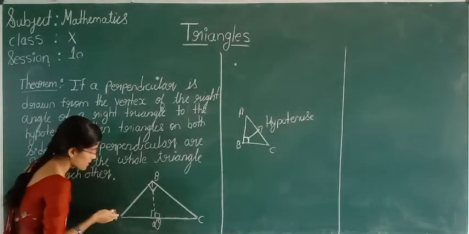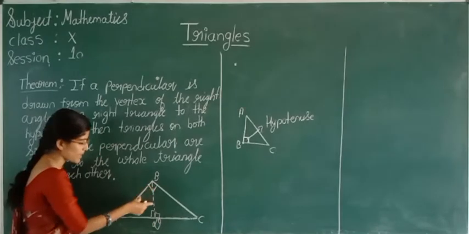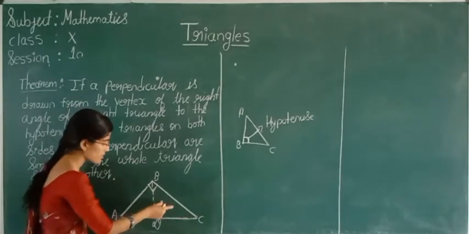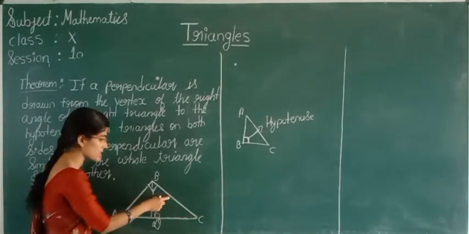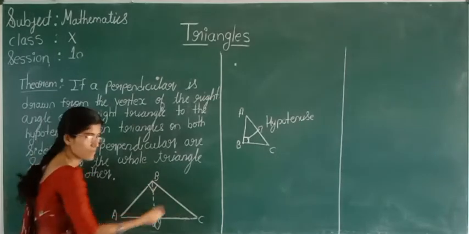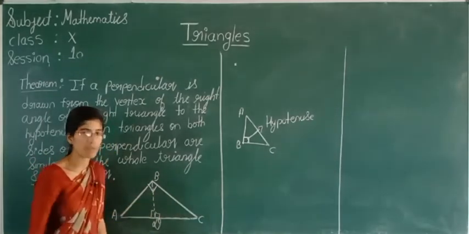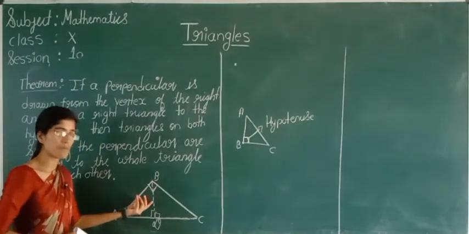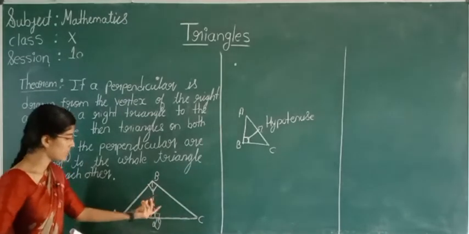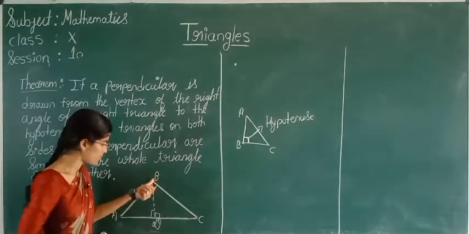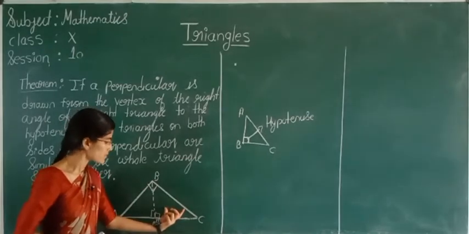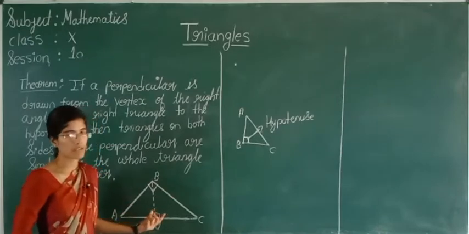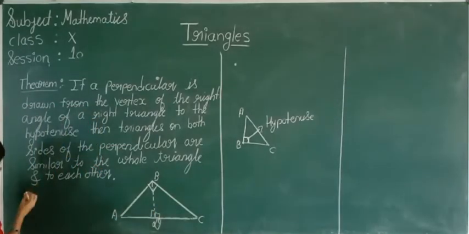Here triangle ABD is similar to triangle ABC, and triangle BDC is similar to triangle ABC, and these two triangles are also similar to each other. So this theorem is telling this only. Now we will see the proof for this.